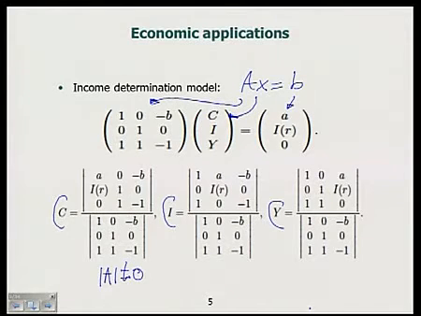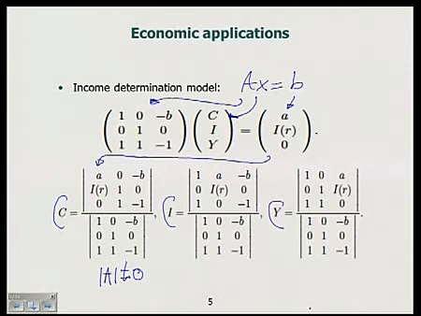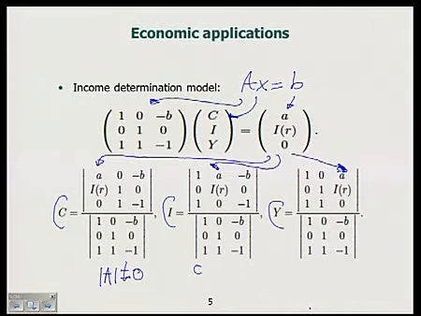Then it's the same as before. We just substitute the first column with the column of the parameters to evaluate C, then the second column to evaluate I, and the third column to evaluate Y. And this is always Cramer.